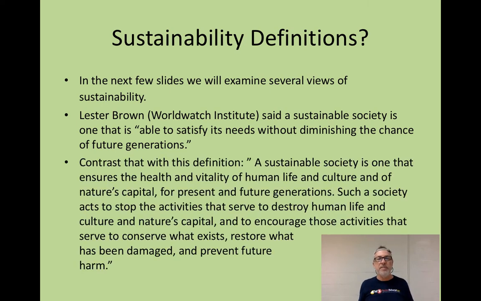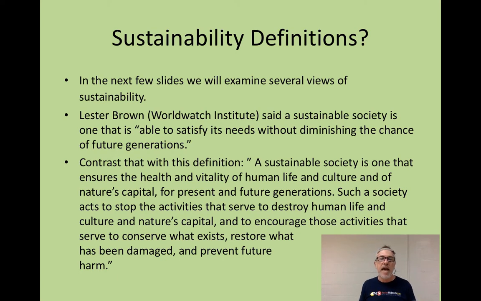Contrast that with this definition that I pulled off the web from someone, can't quite remember who. A sustainable society is one that ensures the health and vitality of human life and culture and of nature's capital for present and future generations.